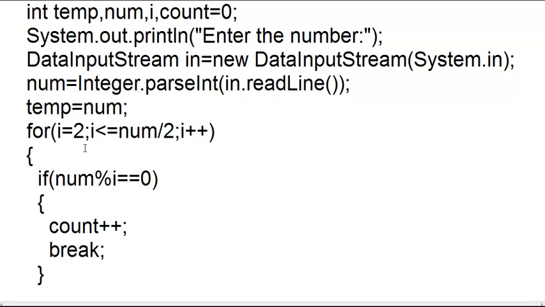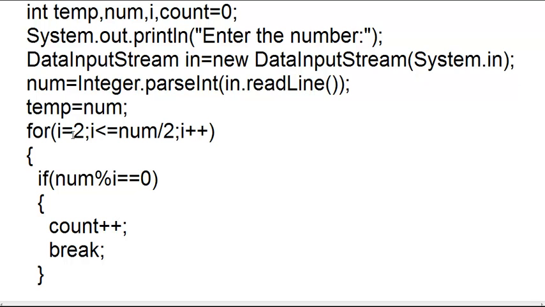And then we are dividing the number by values from 2 to number divided by 2 to check if it is a divisor of any other number other than 1 and itself. That is, if number divided by some value leaves remainder 0, it means that this value is a divisor of number. So the value of count will be incremented.